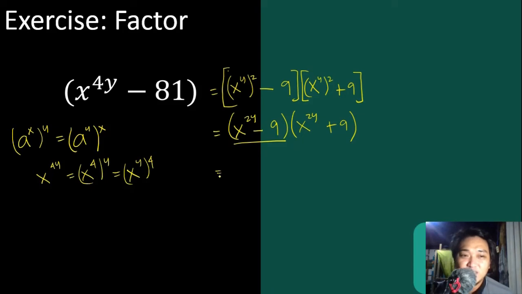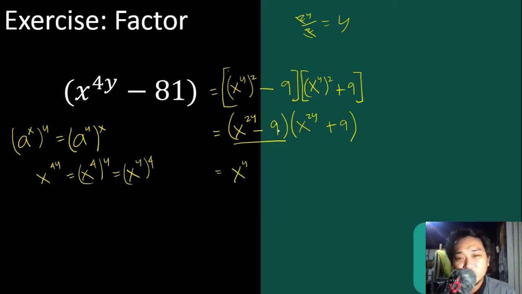So again, using this property, powers of powers, or we could immediately get the quotient when we divide 2y by 2. So that would be x raised to 2y divided by 2. 2y divided by 2 is y. Diba? So, that will be x raised to y.